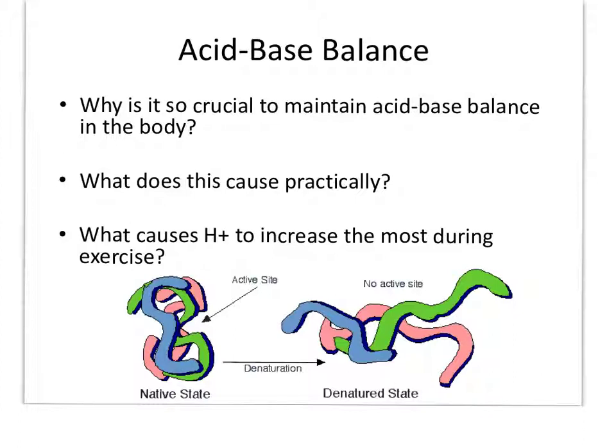What happens is, if we have a situation where we have too many hydrogen ions in the solution, meaning that we've been exercising and exercise intensity goes up so much that we start using the glycolytic system a lot to produce ATP because we need energy so quickly, we will start producing a lot more lactic acid.